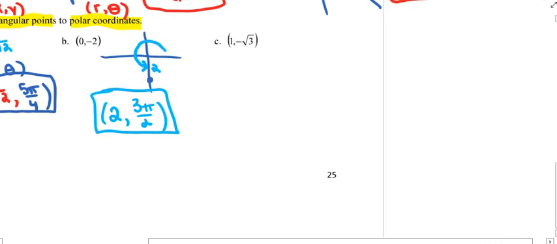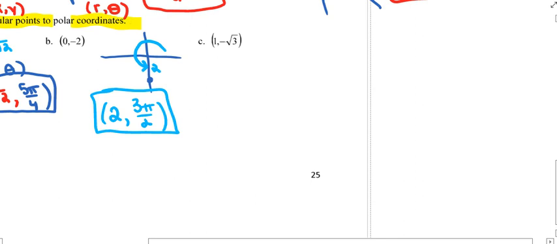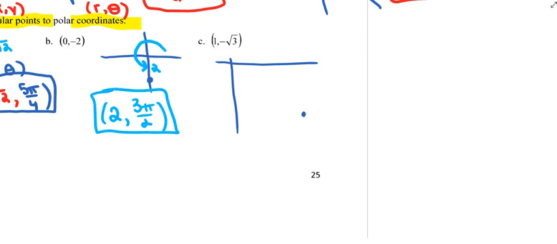Letter C says 1, comma, -root 3. So that's going to put us in quadrant 4. So 1, -root 3 is going to be 1 unit to the right of the origin, root 3 units down from the x-axis. 1 to root 3 to 2 puts us in the 30, 60, 90 right triangle.